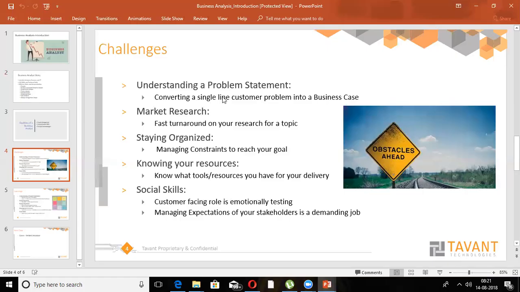That is important. The second thing is market research. Market research is very, very important for a business analyst. For example, take the other example where you're working for a company and your boss comes up to you and says, "Hey Raja, you need to travel to Novartis, New Jersey. You have one week.